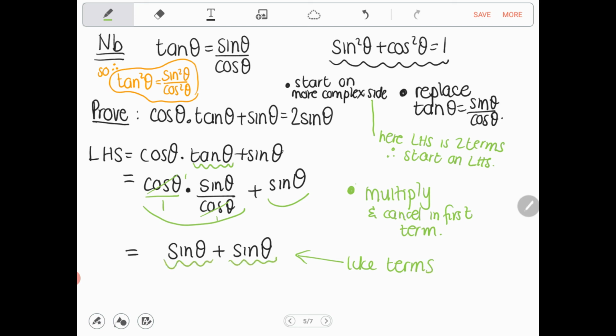We've looked at this in previous examples. So 1 sine theta plus 1 sine theta would give me 2 sine theta, and that is the same as the right-hand side. That is what we were looking for. We were looking for the 2 sine theta, and we've now come out with 2 sine theta at the bottom there. Okay, so we have now used our fundamental identity to make the left-hand side and the right-hand side to show that that is equal.